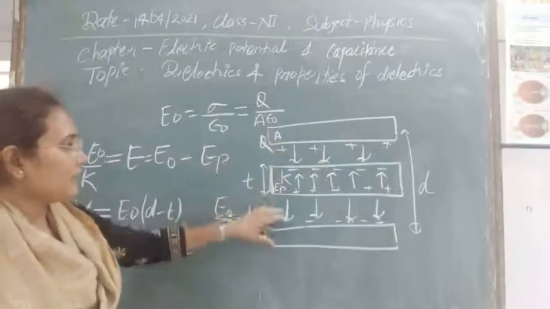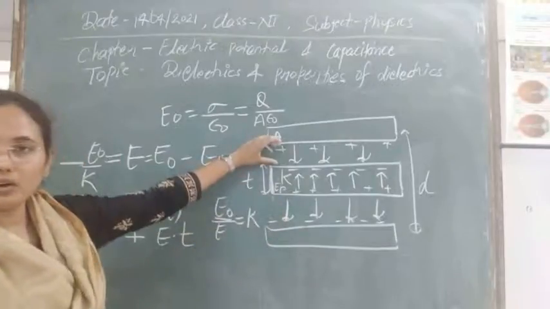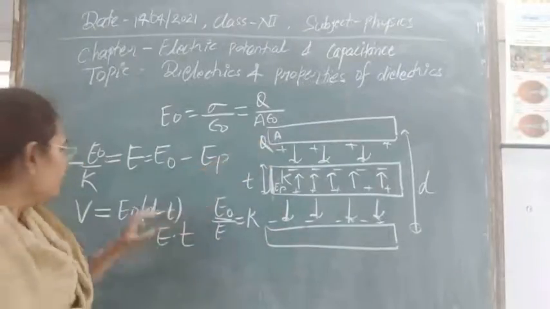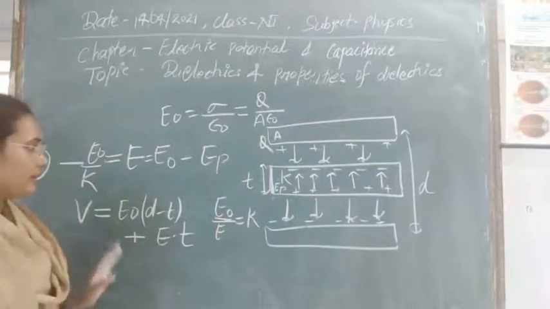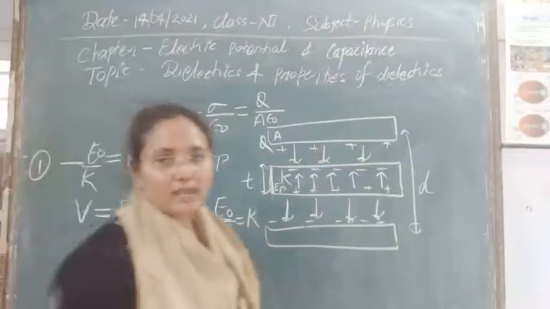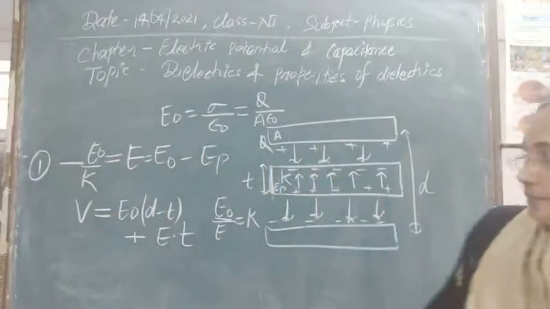Outside the dielectric slab, in the d minus t region, the field E0 is present and the potential is generated due to that. Now let's use all the values given here.